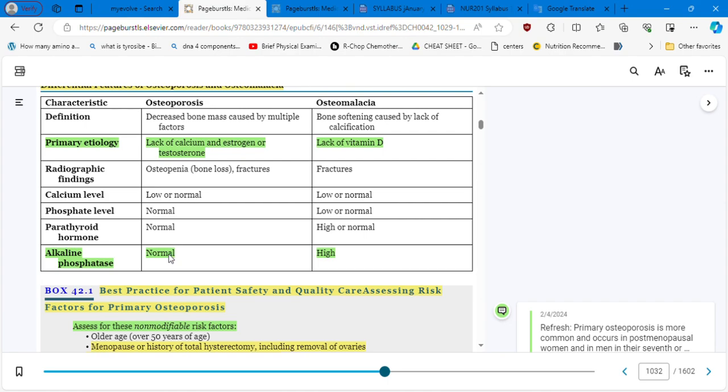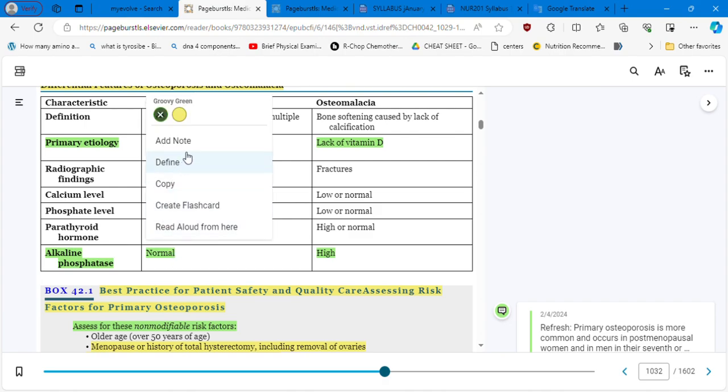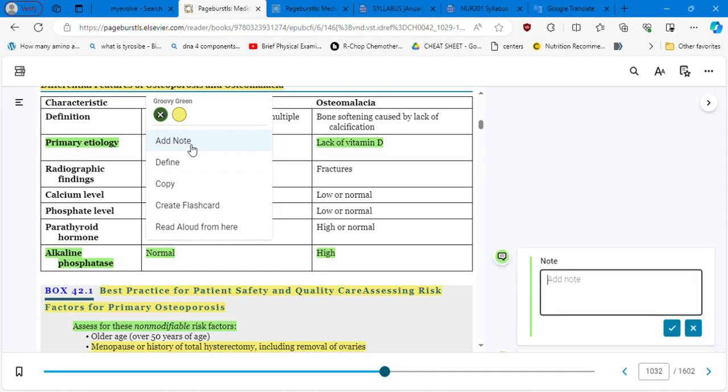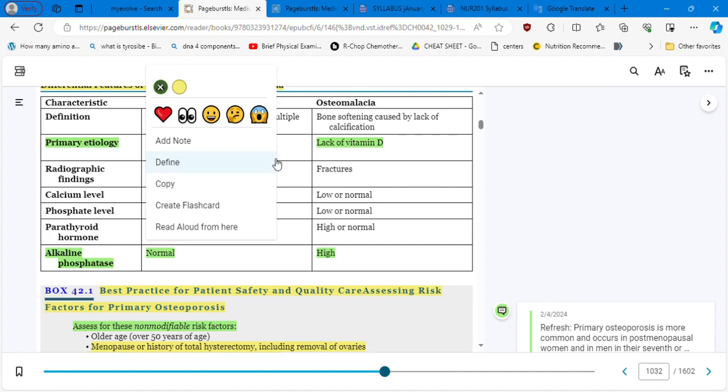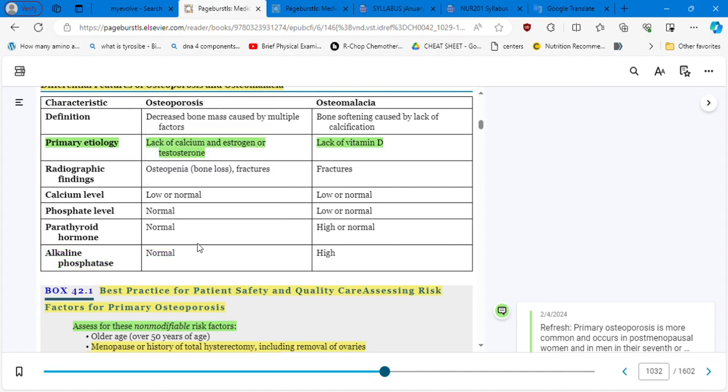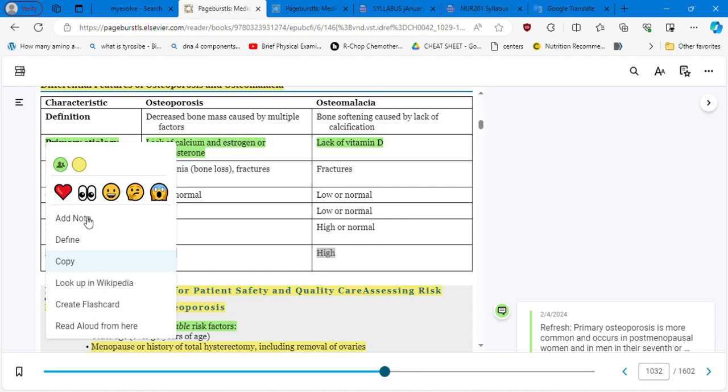They are going to tell you there is a patient with a presentation of a recent fracture, and probably they are going to tell you the blood work reveals alkaline phosphatase at this level, LDH at this level, and so you need to be familiarized in order to identify if it's osteoporosis or osteomalacia, right?